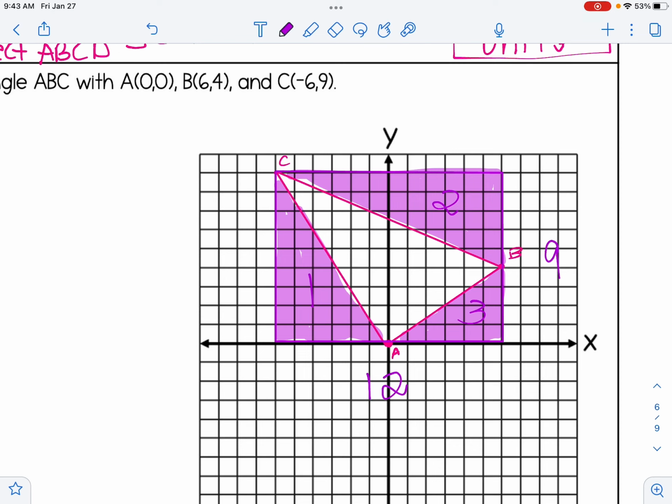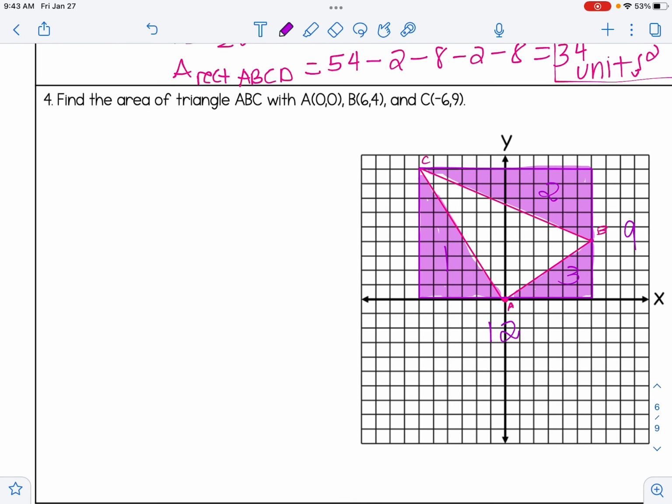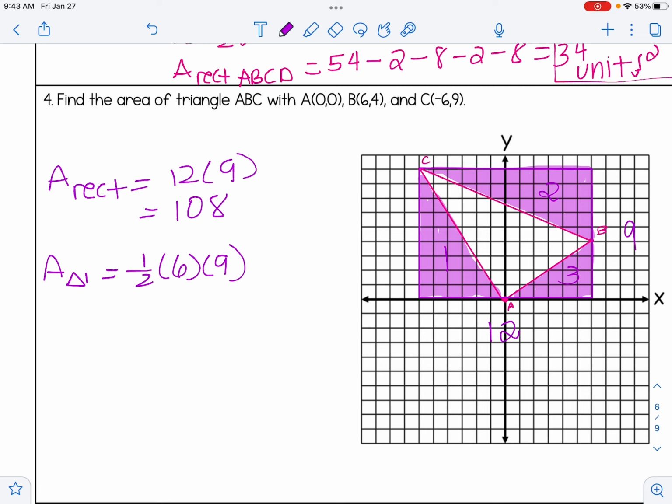So to start off, once we have our measurements in our box, we are going to calculate the area of that surrounding box or rectangle. Since we found the measurements are 12 by 9, the area of the rectangle is base times height, 12 times 9, or 108. Then we're going to find the area of triangle 1. That's 1/2 of 6 times 9, counting the base and the height, and that's going to give us 27.